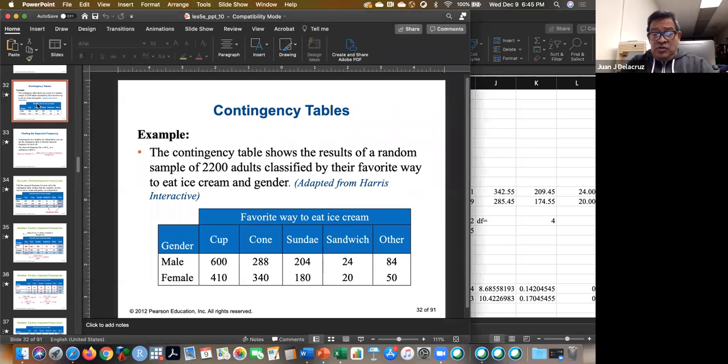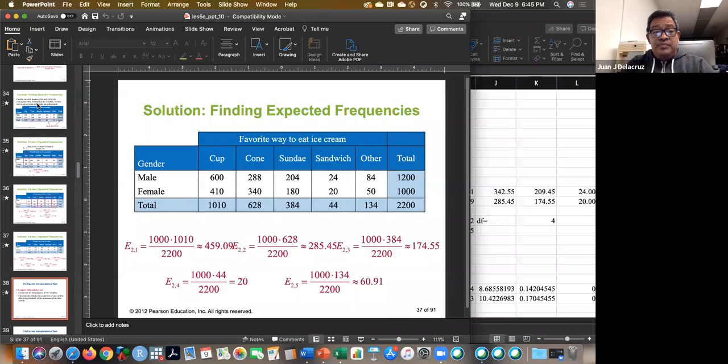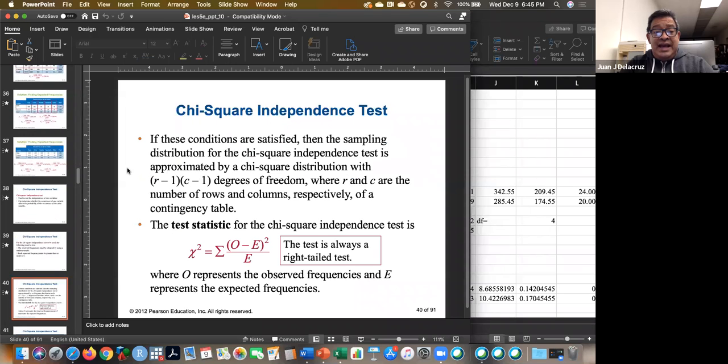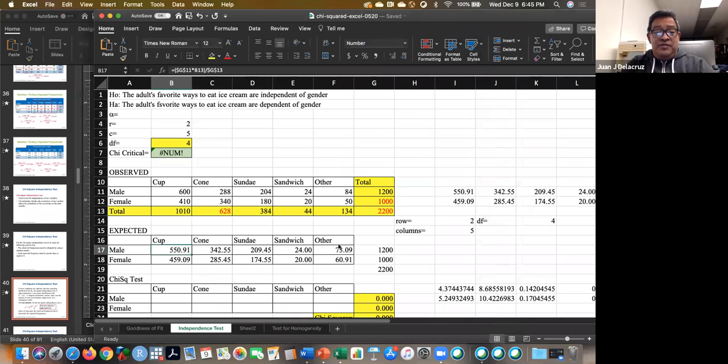Coming back to my example, I already have the observed and I already have the expected. So all I have to do is do this for every single cell. I'm going to do the following.